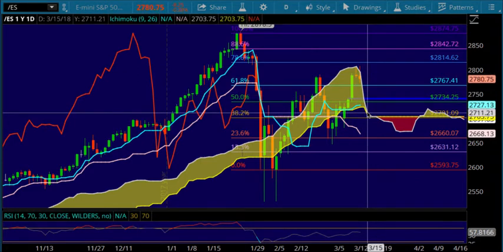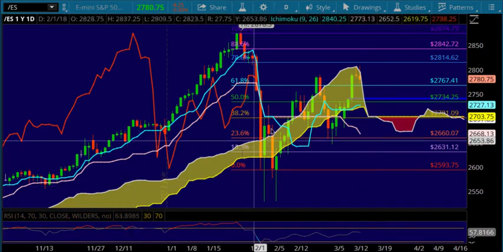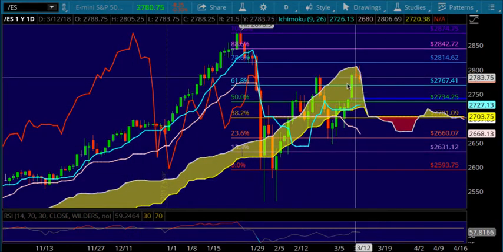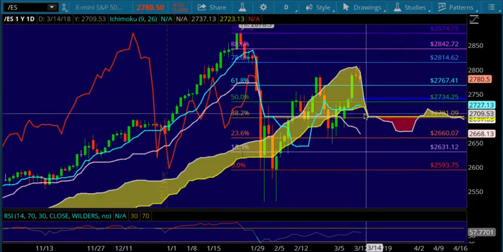That is not bullish. That is not something that you want to see if you're a short-term bull. It might be fine in the longer term, but the nature of the cloud is changing completely.